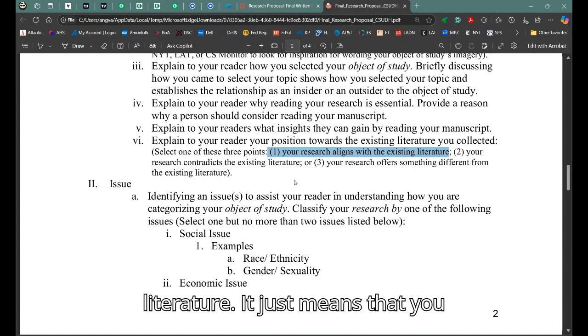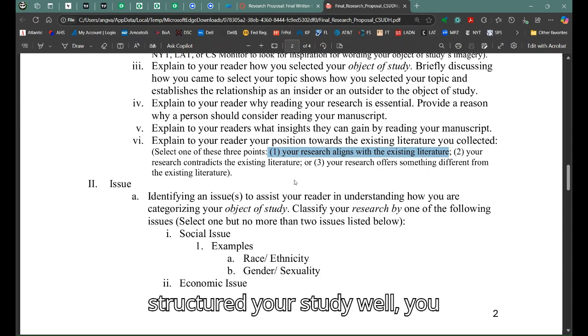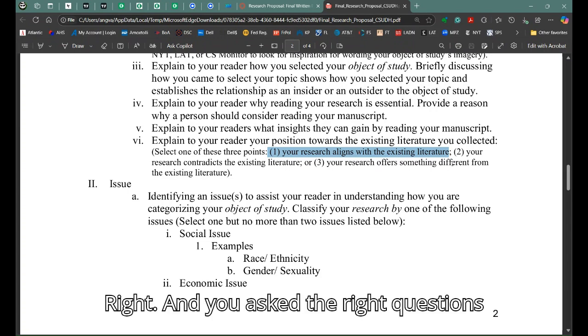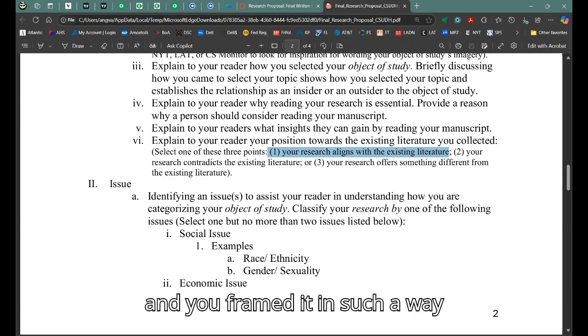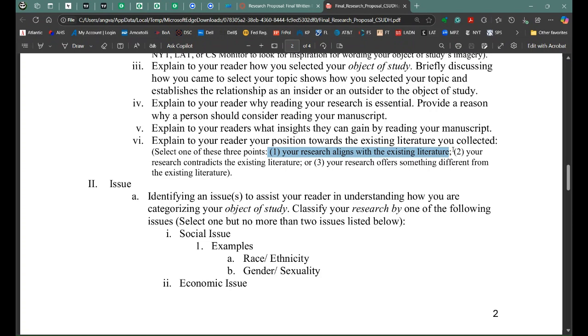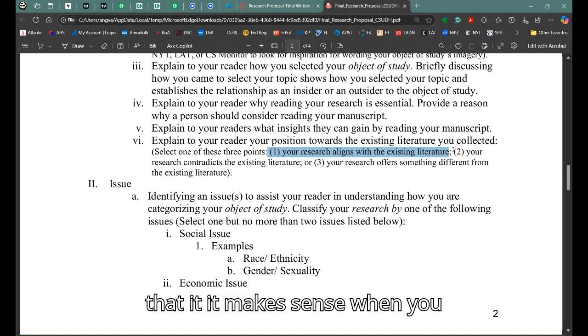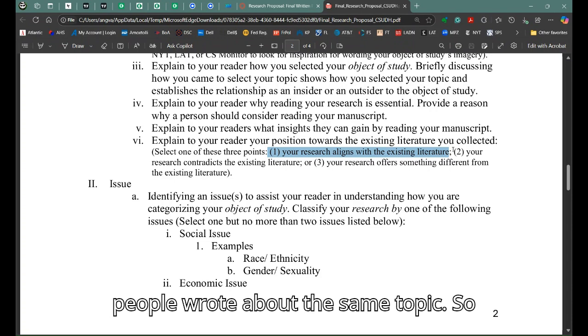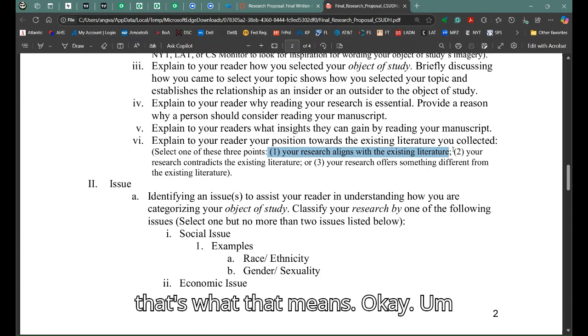It just means that you structured your study well, you collected the proper data, and you asked the right questions and framed it in such a way that it makes sense when you compare what you wrote to what other people wrote about the same topic. So that's what that means.